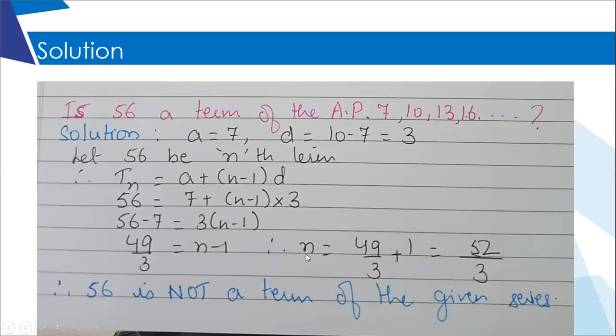It has to be a whole number, isn't it? Because the place where 56 is sitting has to be a whole number. Here the position itself is coming as fractional, so no place can be a fractional number. That is why you will say that therefore 56 is not a term of the given series.